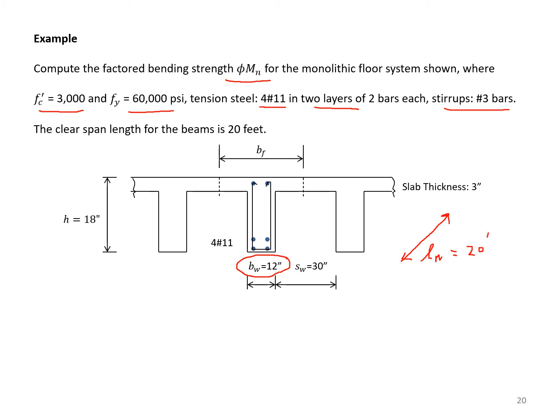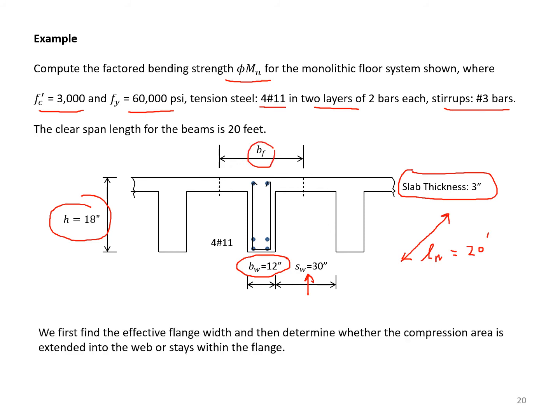The clear spacing between the beams is equal to 30 inches. The overall depth of the section is 18 inches. The slab thickness is equal to 3 inches. So with these dimensions, let's find out what bF is. After finding bF, we need to determine whether the compression area extends into the web or stays within the flange.